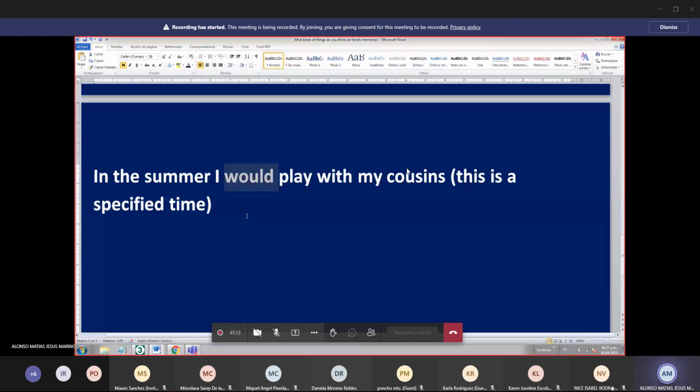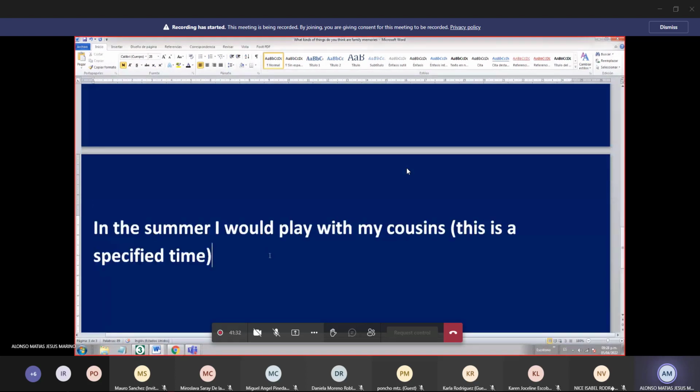But also, in English, we use would for something we call the post-pretérito, but that is not part of what we are going to see right now. We are talking about the past. The uses are used to and would for the past, okay?